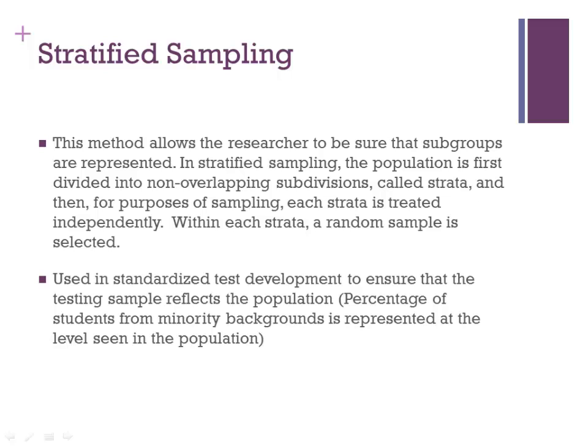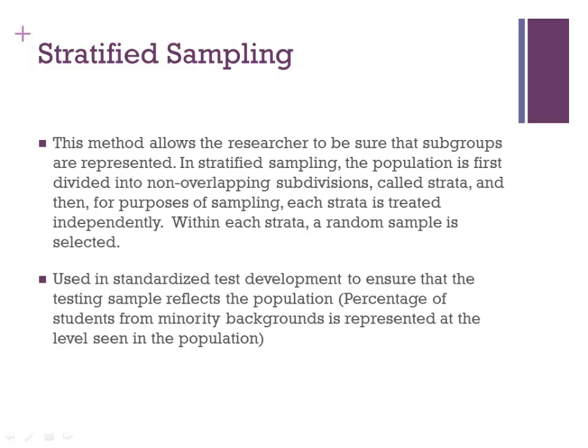Within that strata. So let's say, for example, I'm developing an intelligence test, and I want my norm sample to represent the population with respect to minority background. And I know that there are, let's say, 20% of the people in the population I'm concerned with from an African American background.